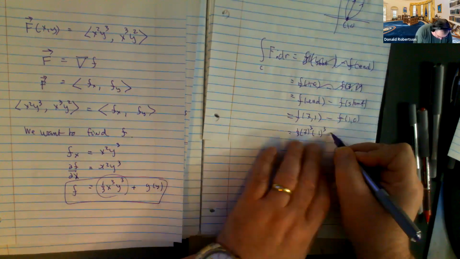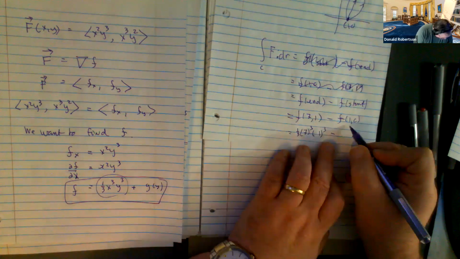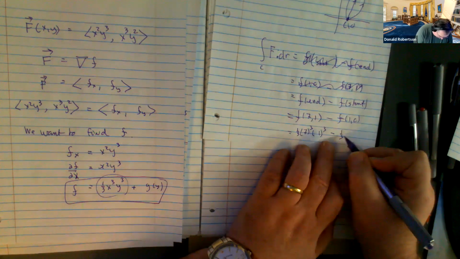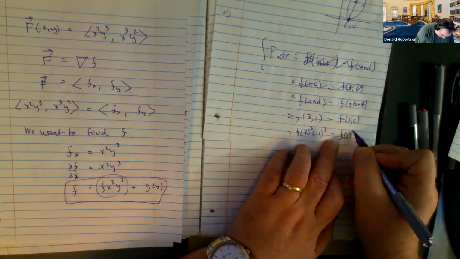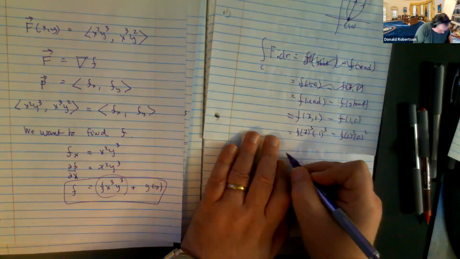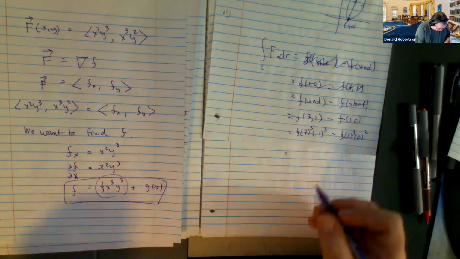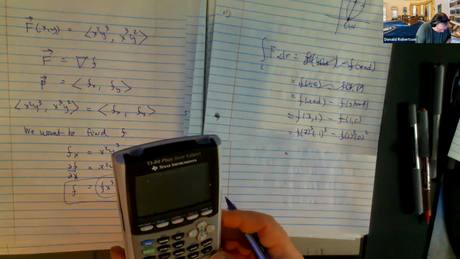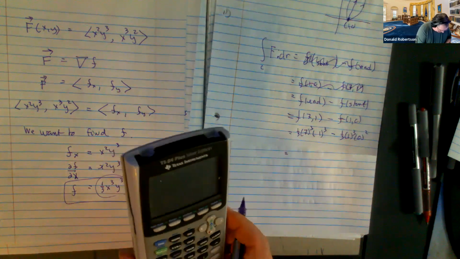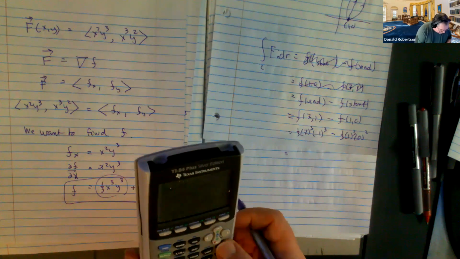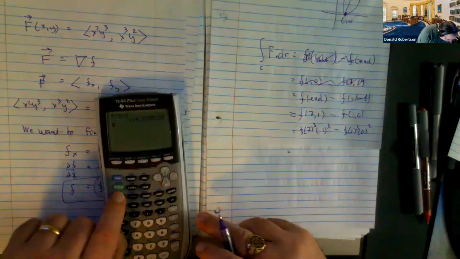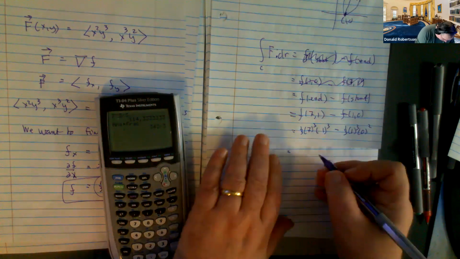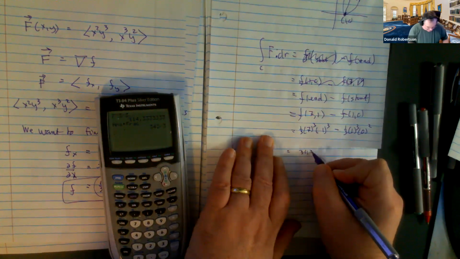Take away, well, at (1, 0), what's that going to get me? 1/3 times 1 cubed times 0 cubed, which is just 0. And that guy gets me 7 cubed divided by 3. And the answer is some ridiculous fraction, 343 thirds.